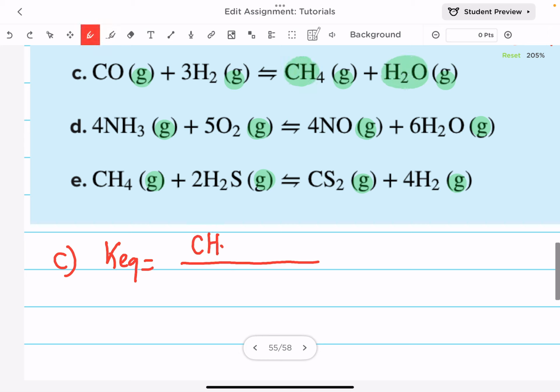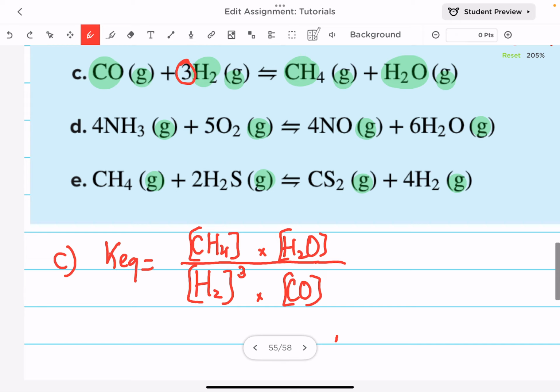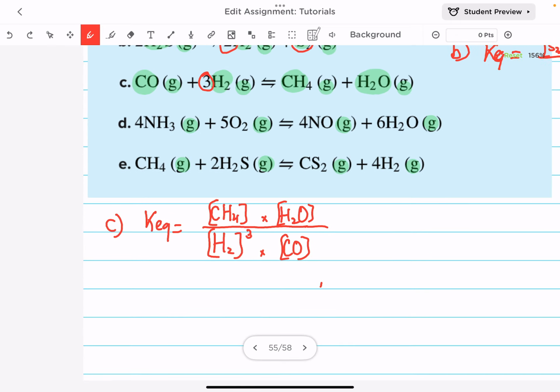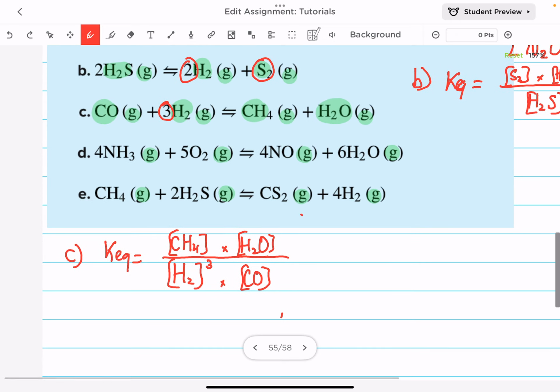Remember to put these formulas in brackets, divided by the concentration of the reactants, and I have two reactants, so it is H2 raised to the power of that number multiplied by CO. Another, let's do D. Here K equilibrium is equal to the products.